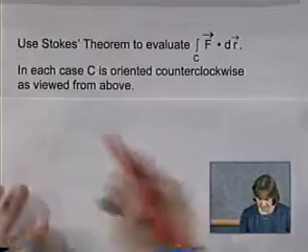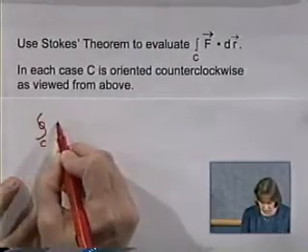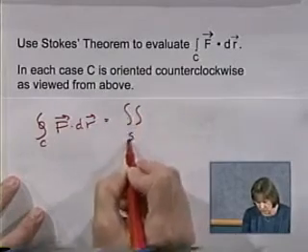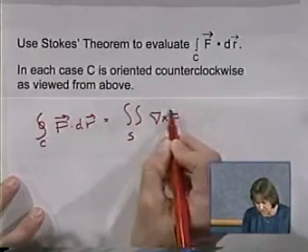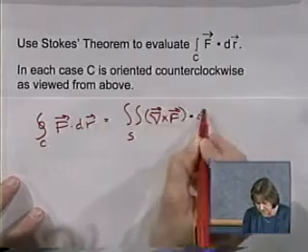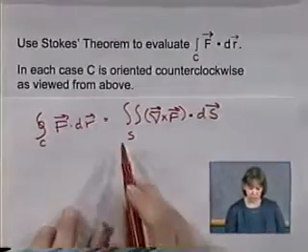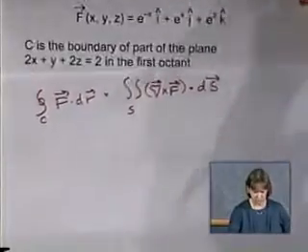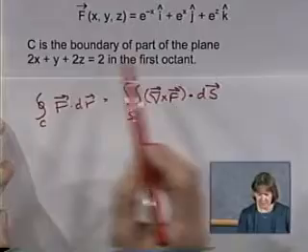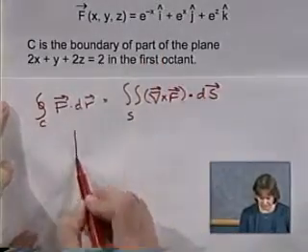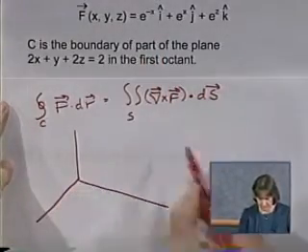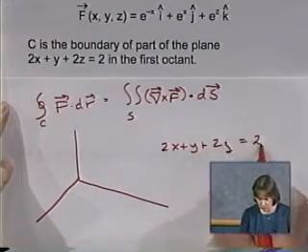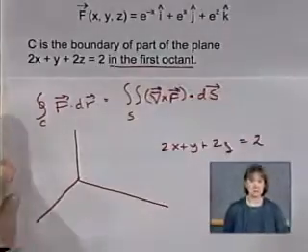We're going to be doing the integral along the curve of F dot dr, which is equal to the integral over the surface of the curl of F dotted with dS. So we're going to evaluate this one. But first of all, I've got to figure out, what does the surface even look like? C is the boundary of part of the plane that's given by the equation 2x plus y plus 2z equals 2 in the first octant.